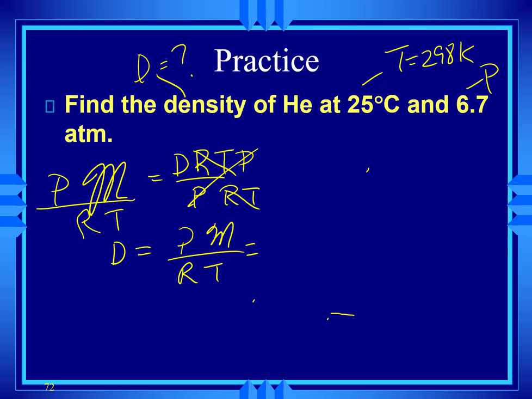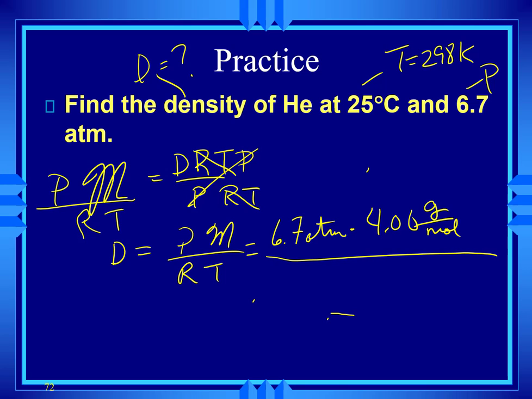Okay, so my pressure is 6.7 atmospheres. My molar mass, well, it's helium. So that's 4.00 grams, and you're going to keep the per mole here. Divided by R. I have to pick an R. The R I want to use is the one with atmospheres, which was 0.0821 liter atmosphere over mole Kelvin.